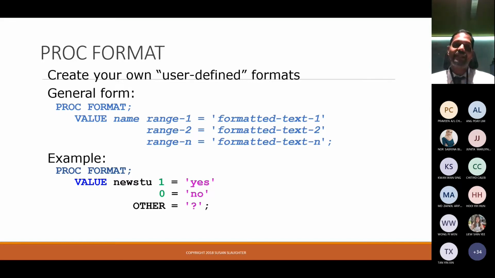So for example, proc format value new student, 1 is equal to yes, 0 equal to no, other equal to question mark, right?